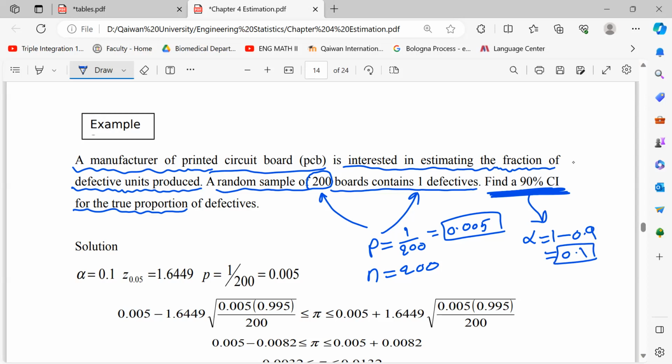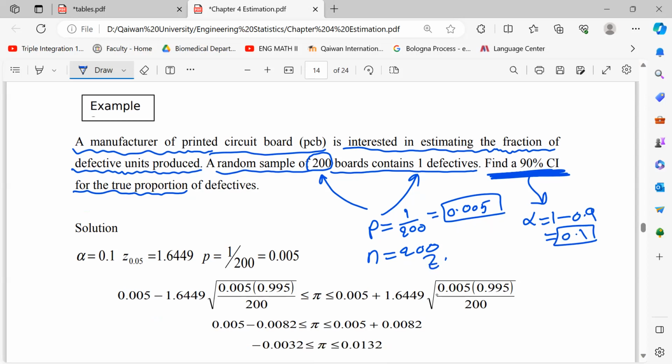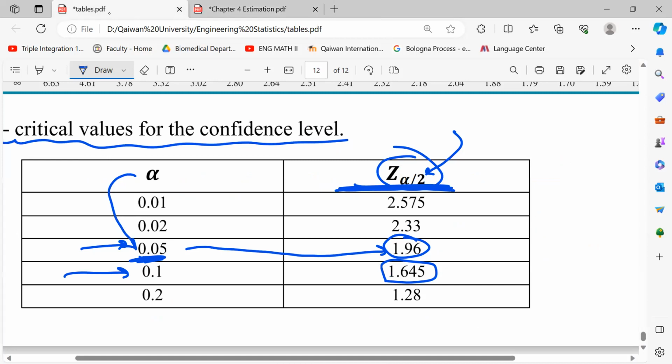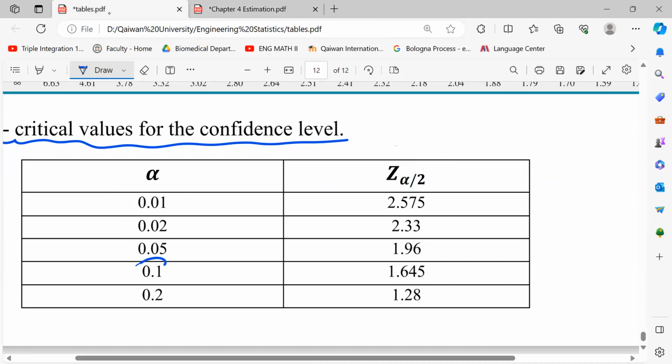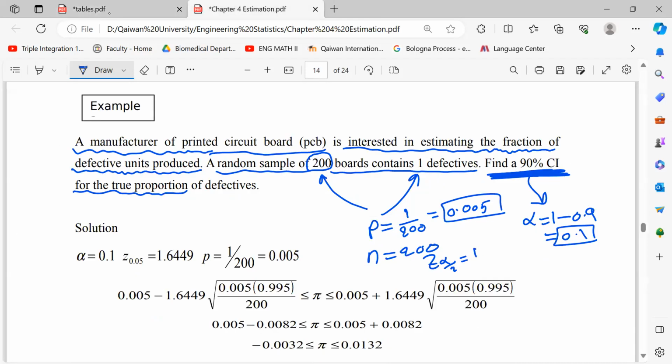We need to find Z of alpha over 2. What's it? Z of alpha over 2, we return to the table. In the table, if alpha is 0.1, Z of alpha over 2 is 1.645.